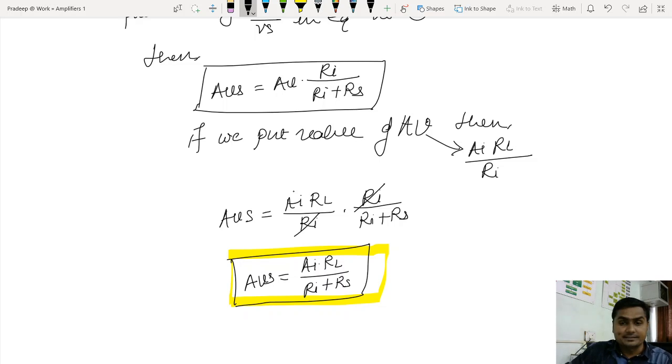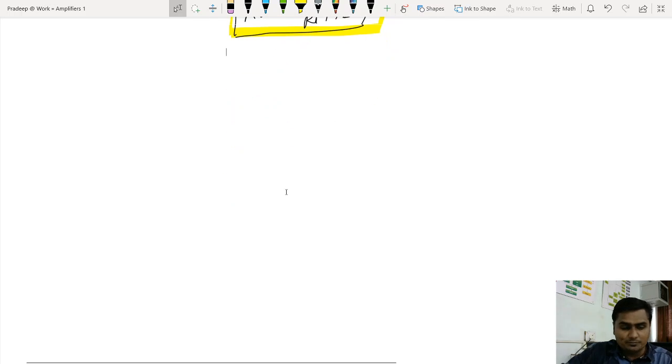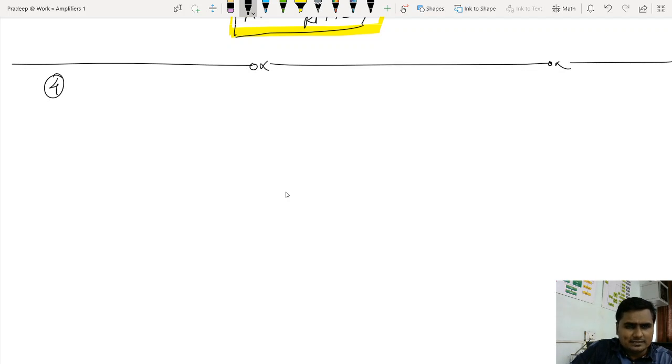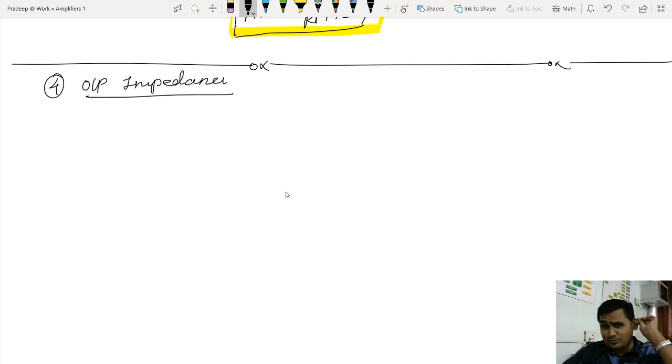Then we supposed to start with the last parameter, that is what is remaining? Output impedance. Let me start with the next parameter, the fourth one, output impedance. Generally people don't calculate output impedance.